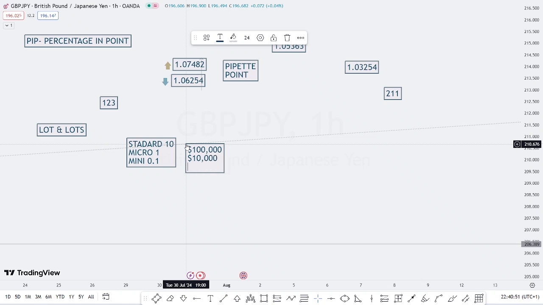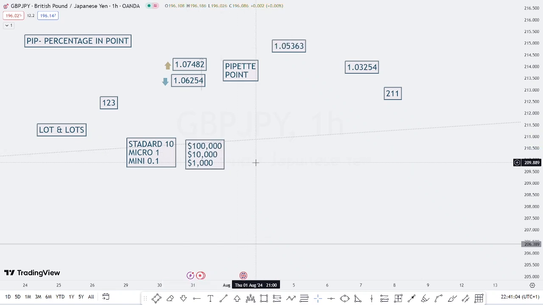And one mini lot size is now equal to $1,000. So here it is: one standard lot size is equal to $100,000, micro $10,000, mini $1,000.